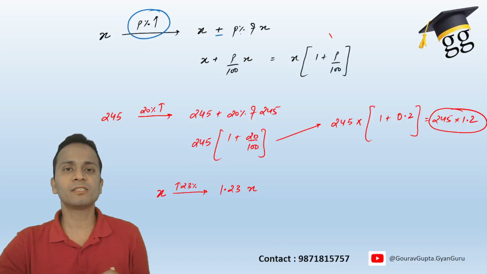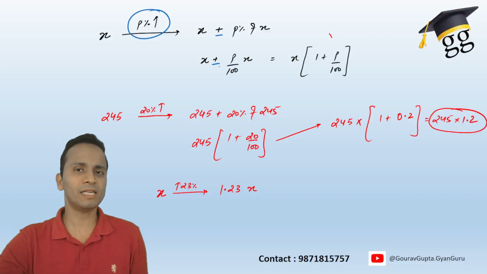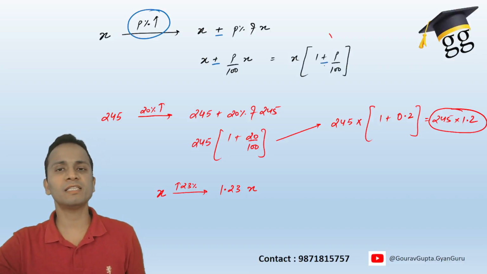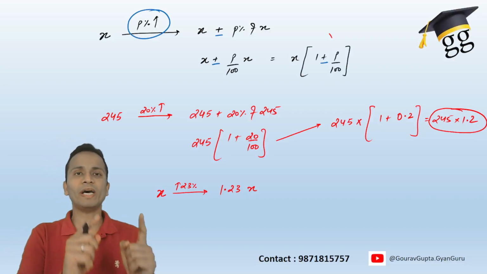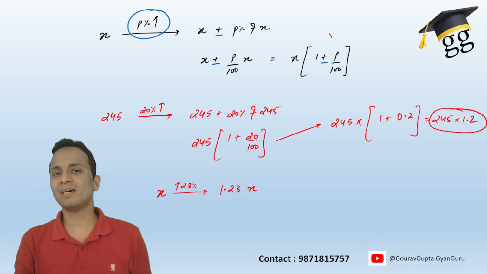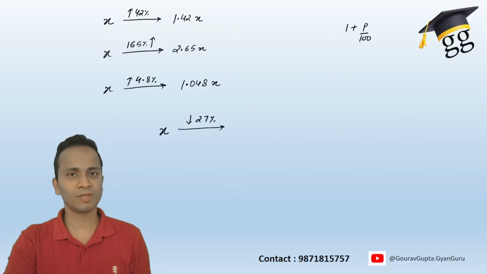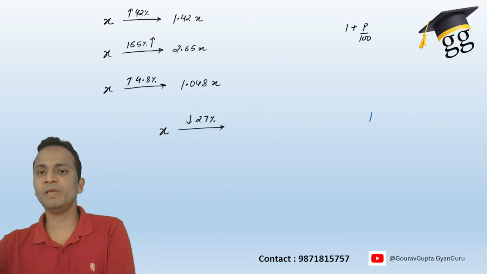x minus p% of x. So जो भी plus sign है उसकी जगह minus sign आ जाता and finally inside the bracket it will become 1 minus p upon 100. तो जो मैं 1 में ऐड कर रहा था अब मुझे उस चीज को 1 में से सब्ट्रैक्ट करना है. ठीक है? So the factor will be 1 minus p upon 100.